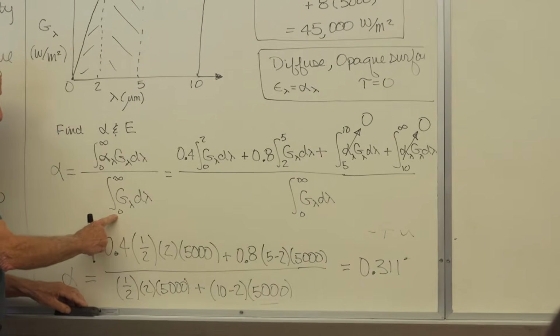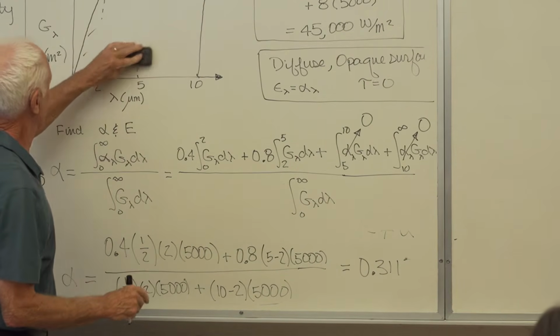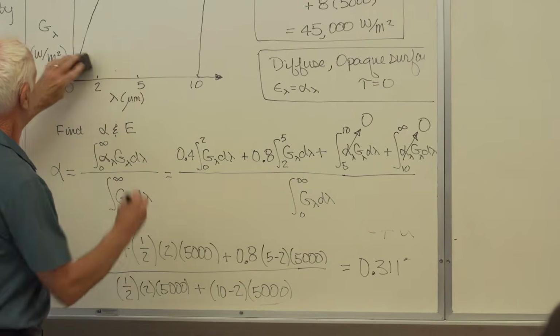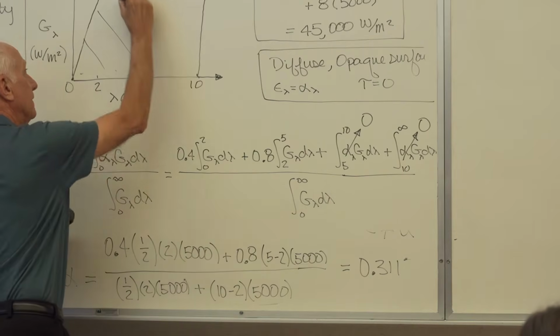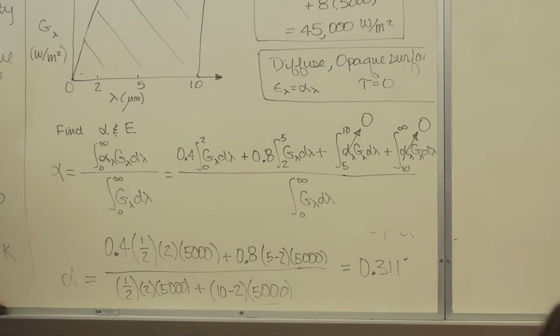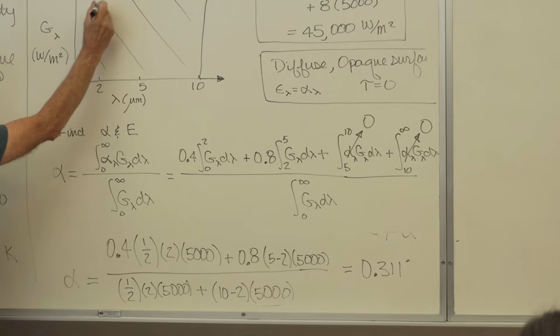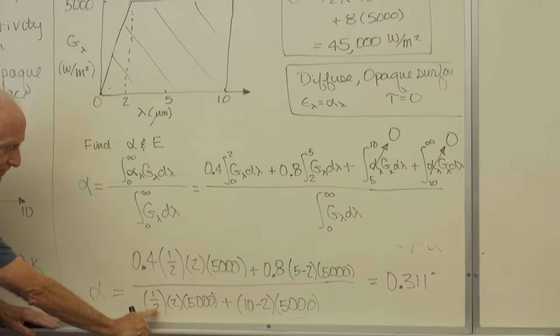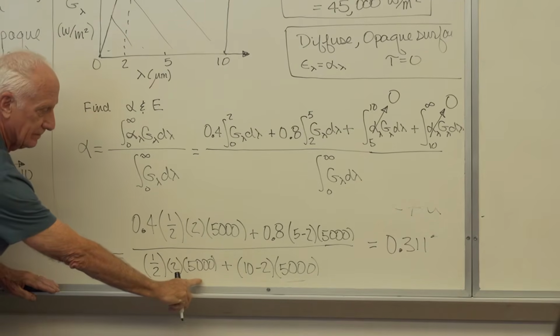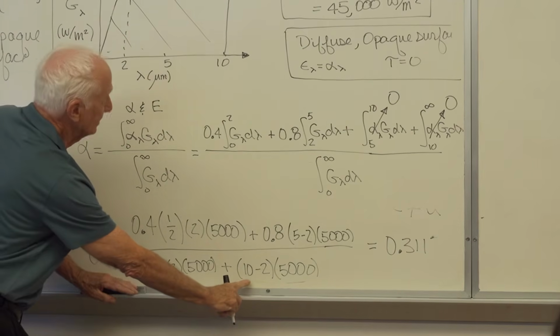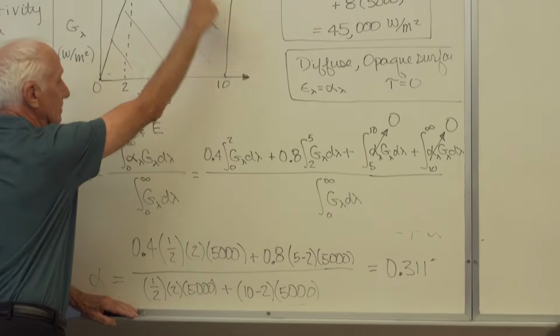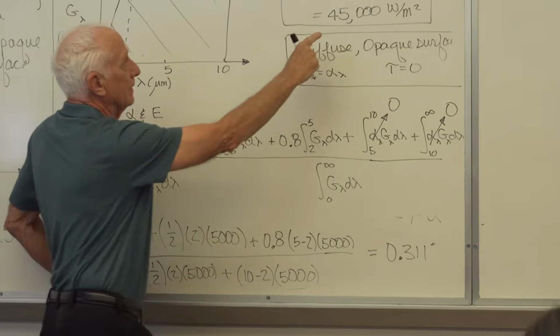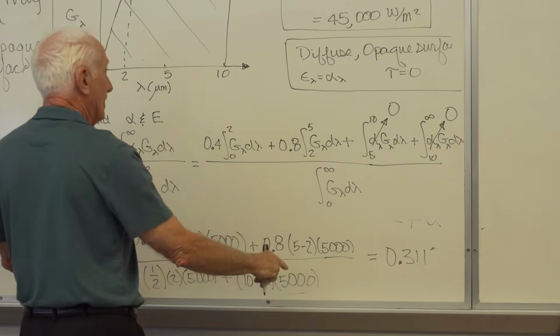the area under the G graph from 0 to infinity. Okay, there it is. What is it? The right triangle plus a big rectangle. Right triangle, 1/2 base times height. Big rectangle, 10 minus 2 times 5,000, there. That's the denominator.